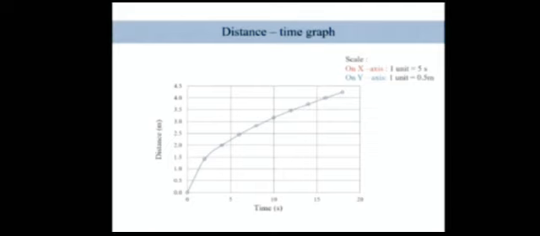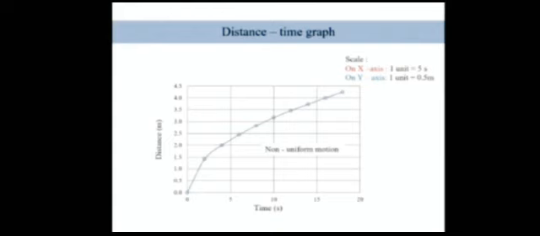Then coming to step number 2, look at the graph, whether it is a straight line, a tilted line or a curved line. In this particular case we can see that the graph is not a straight line, it is a bent, curved line. So the vehicle whose motion is represented here traveled in non-uniform motion, because the graph is not a straight line.